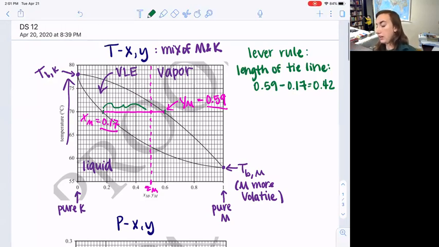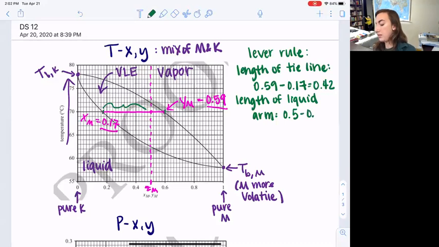So length of our liquid arm, so we call that an arm, from the Zm to the liquid half, we call that the liquid arm. So it's 0.5 minus 0.17 will get us 0.33.